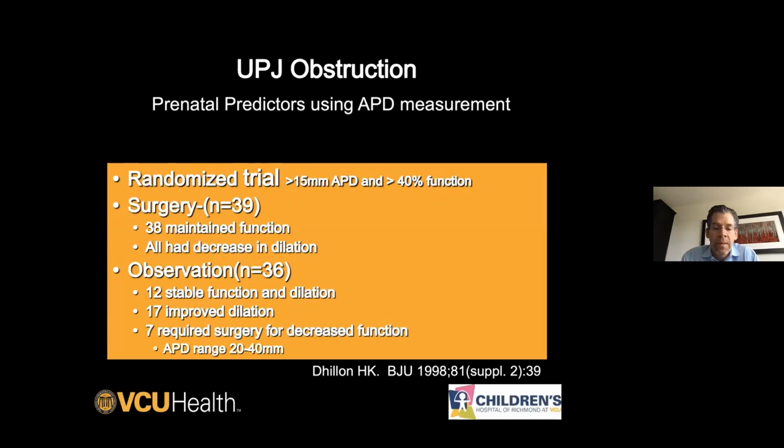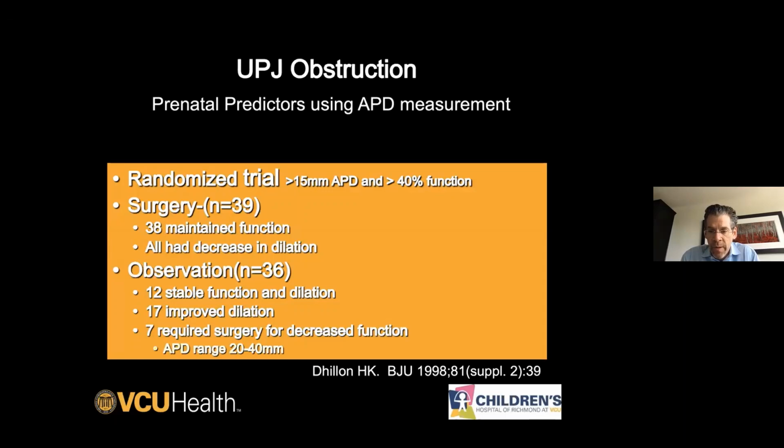So the surgery and the observation group were equally split for the most part, 39 and 36. In the surgical group, 38% maintained function or greater than 40%, and all of the patients had a decrease in kidney dilation.